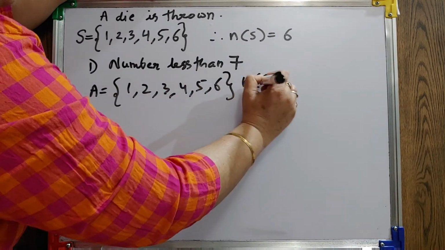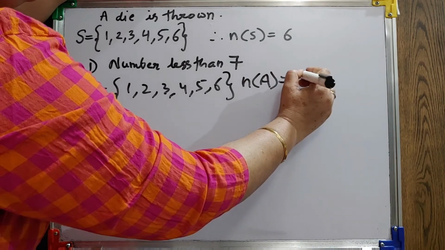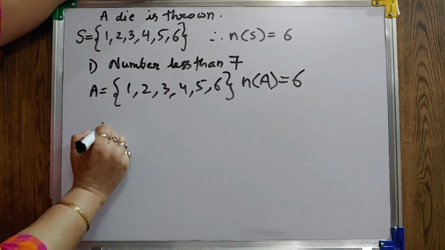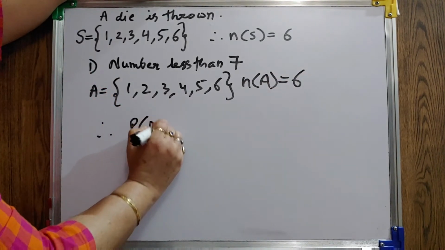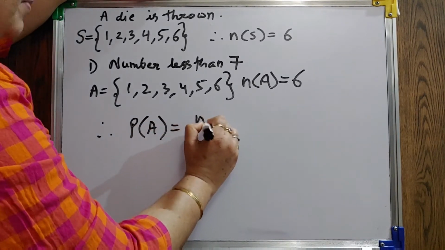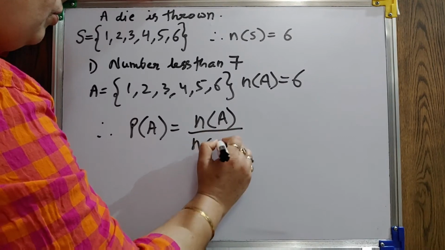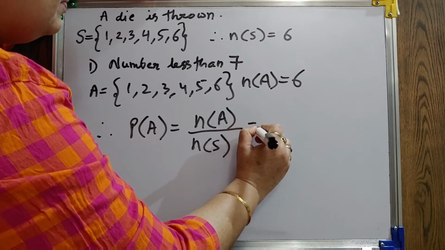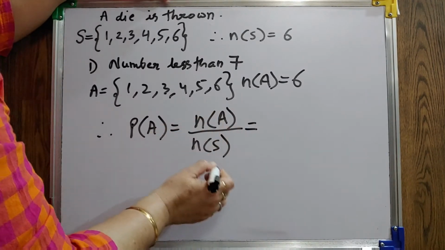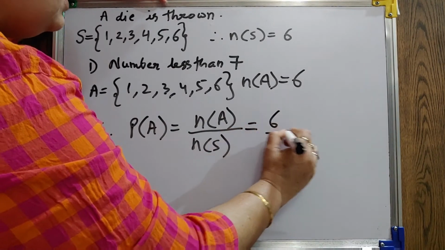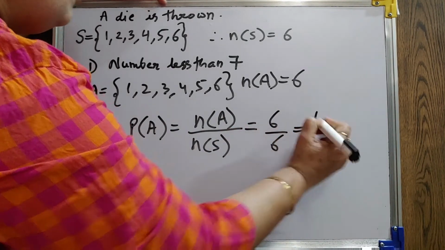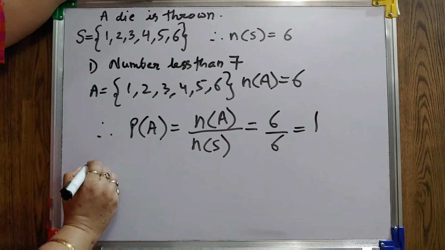So the number of that event is 6. If I want to find its probability, it means number of selected events upon total possible outcomes. So n of A by n of S. Taking this 6, my probability is 1.